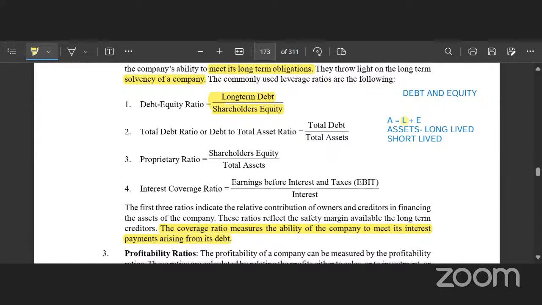So to know the firm's ability to pay or cover the interest payment on debt, we calculate the interest coverage ratio.